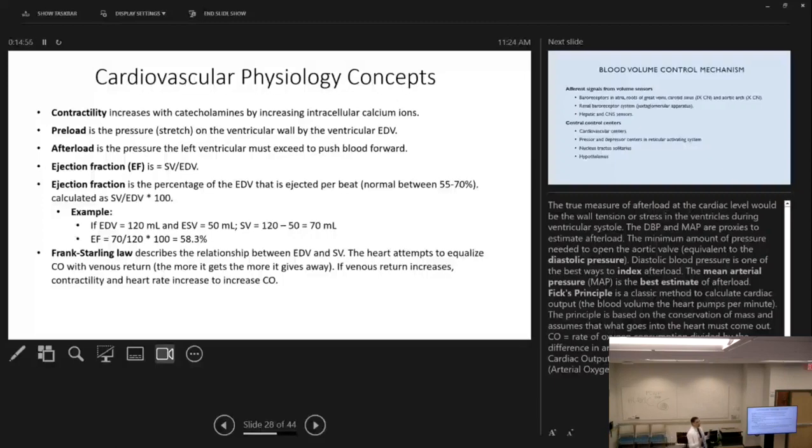It's the same example we have been using, 70 milliliters, and now you use that formula. Stroke volume divided by the end diastolic volume. So what is the percentage of the end diastolic volume that went out? Of those 120 milliliters, 58%, or 70 milliliters, were ejected. Okay, and that is a totally normal ejection fraction. Okay, from 55 to 70.